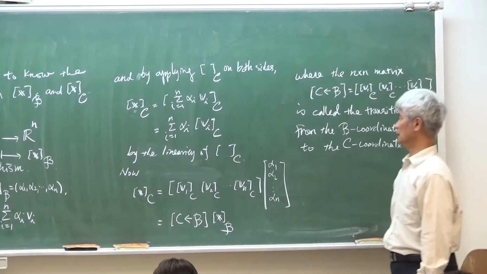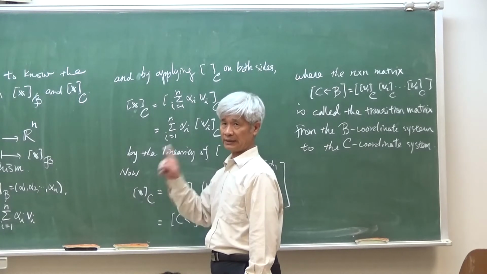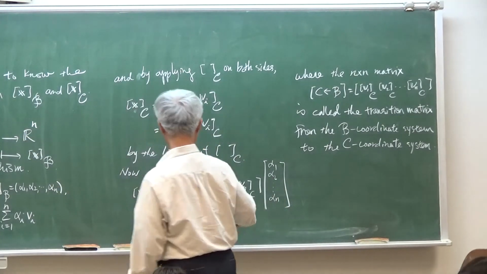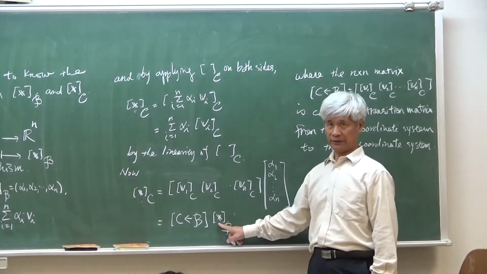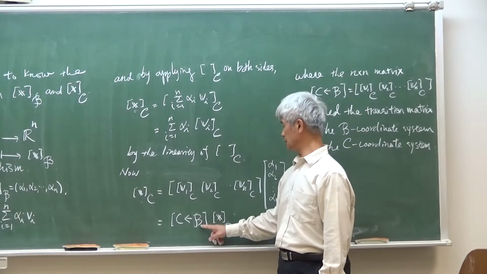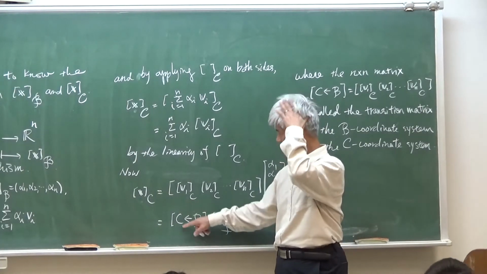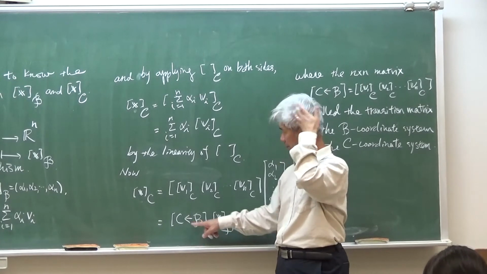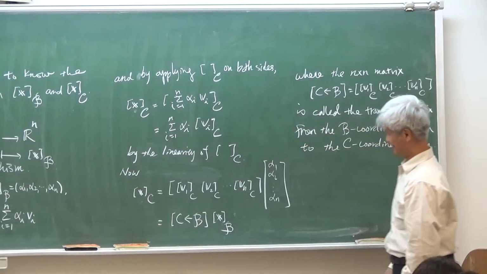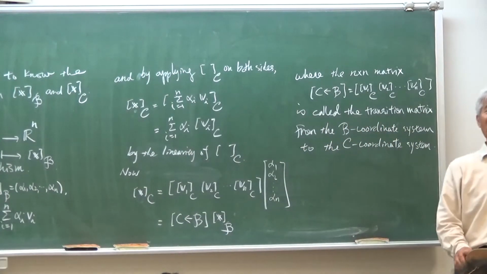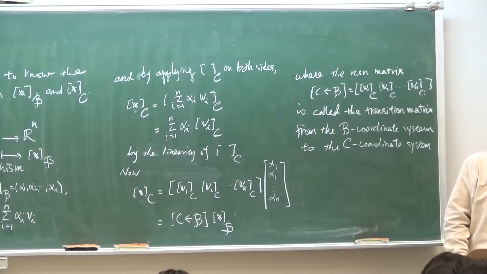So now it becomes reasonable to get the C coordinate of a vector x in a vector space V. What we do is that, first of all, we find out the B coordinate, and then we use the coordinate transition. Right? So this is a transition matrix from the B coordinate system to the C coordinate system. So the notation, I want this notation to tell you some story. It's easy to memorize, right?